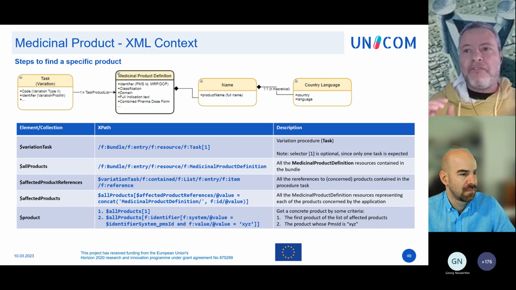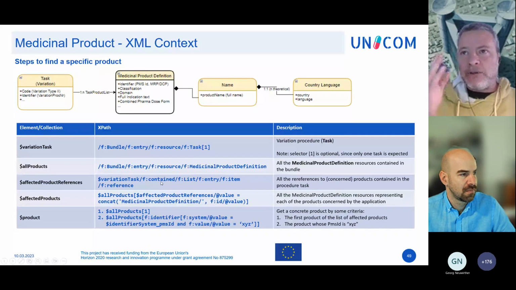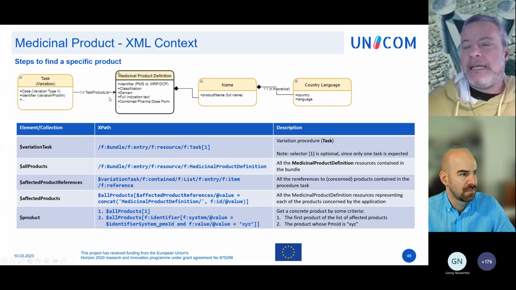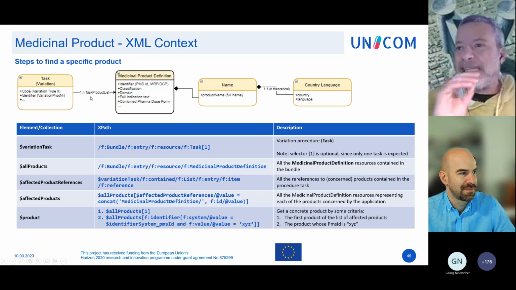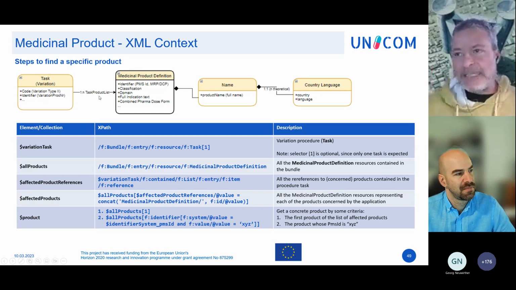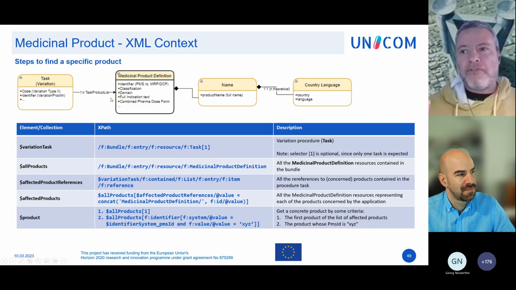So if we want to filter only the products affected by the application, we need to use, as Noel said before, a list of affected products. That is, yeah, thank you, Noel. The list that Noel is pointing now with the mouse pointer, to take the collection of the reference to those products.